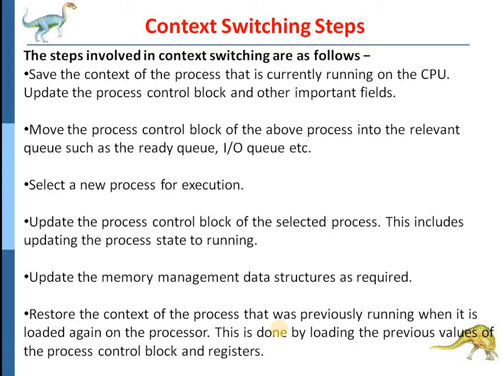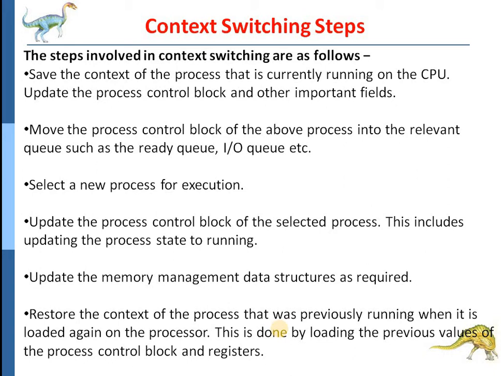One is switched out, at that time its data, meaning its registers, is saved into the PCB, and the other process is reloaded in the CPU. For that, the previous data or information is reloaded into the CPU.